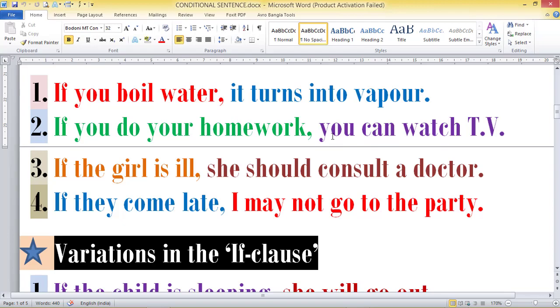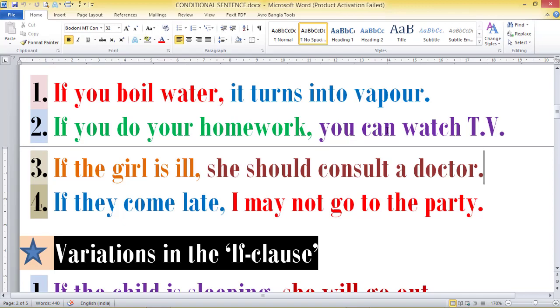In the if clause, we have used present indefinite tense, and in the main clause, after the subject, we have used the modal verb can to give permission, then the present infinitive, that is the first form of the verb. So this is possible in case of conditional sentence type 1. To indicate permission, we have used can.